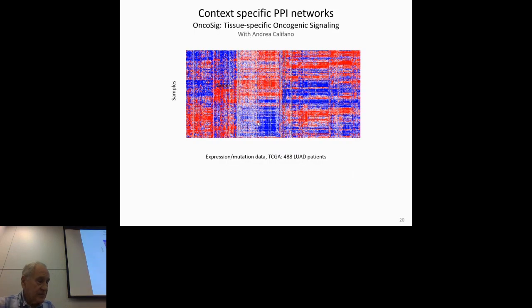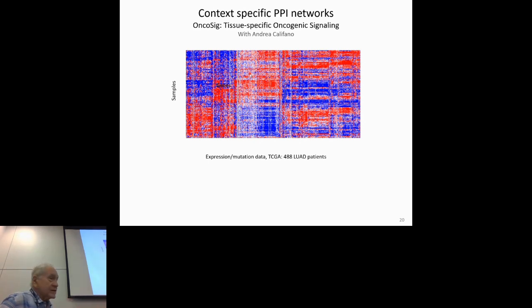So finally, there's one other application I want to talk about. We work with Andrea Califano, a colleague in my department, and Andrea looks at protein-protein interactions in a very different way. These are actually lung cancer samples from the NCI, and there are going to be horizontally 20,000 genes and vertically 500 or so patients.